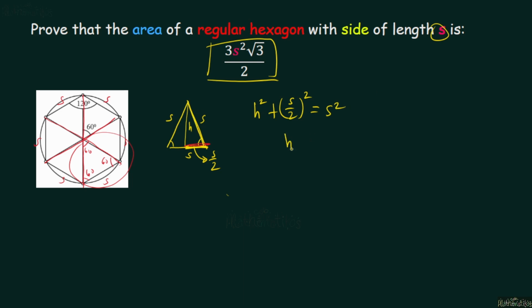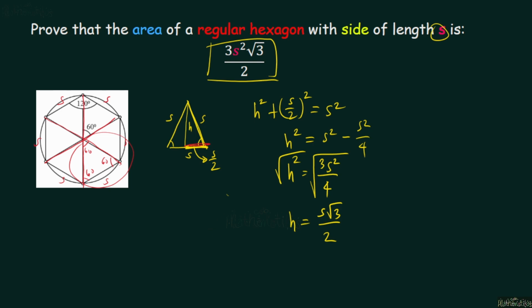So solve for h squared, minus S squared over 4. So your h squared is equal to 3 S squared over 4. Square root both sides. This will give us the height of S square root of 3 over 2.